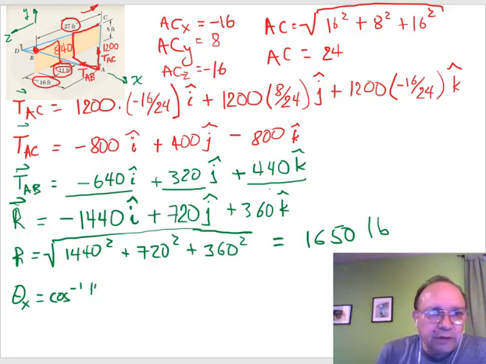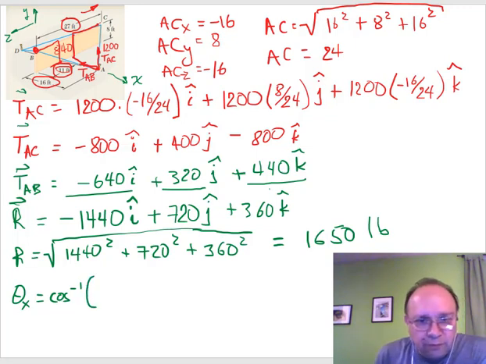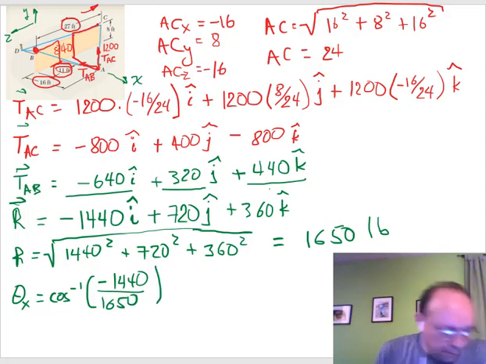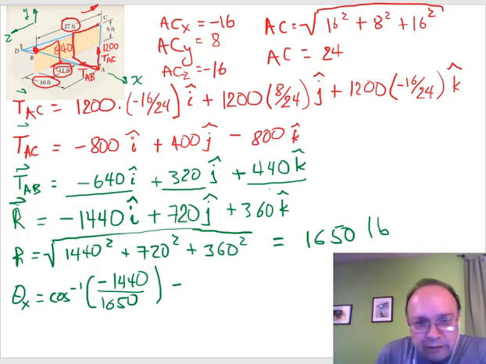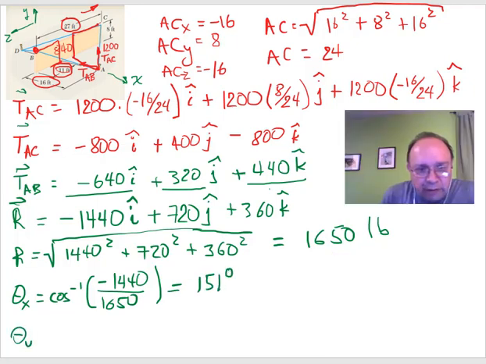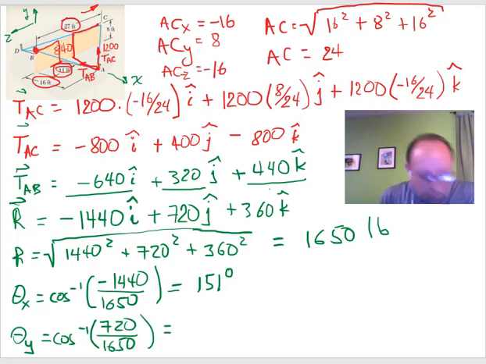That gives us 150.8, about 151 degrees. Theta y will be cosine inverse of 720 over 1650, which gives us 64.1 degrees.